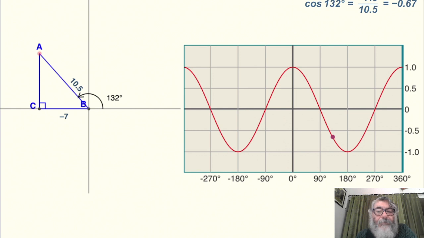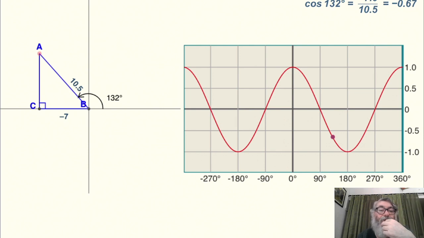Tan theta is perpendicular upon base, cot theta is base upon perpendicular, cos theta is base upon hypotenuse, and sec is hypotenuse upon base. So cos, sec, tan and cot will become negative. Only sine and cosec are positive.